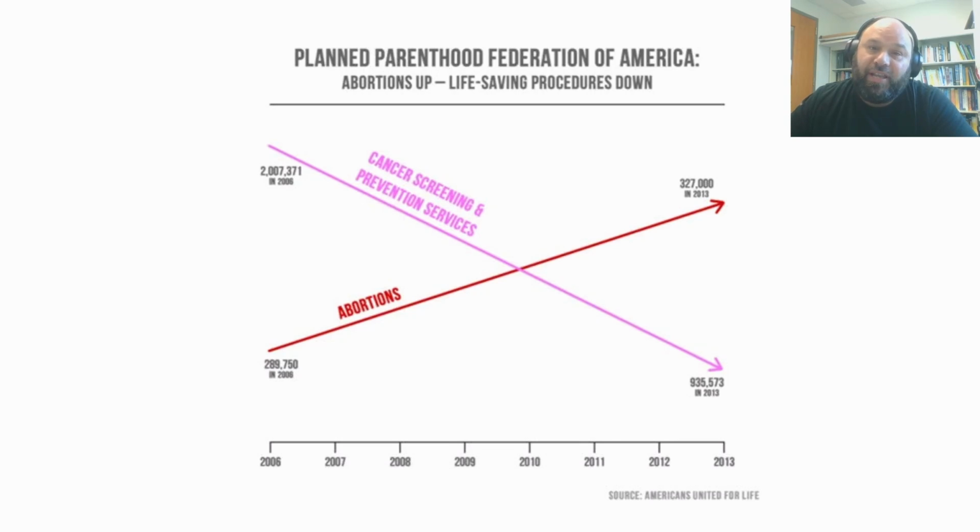Now, one can argue that this is up to the reader to read this carefully, but I think it's better to be more honest with the creation of your graphs. The argument that the presenter is trying to make here would not be invalidated by creating this graph in what I would consider a more ethical manner, because after all, cancer screening and prevention services have declined.